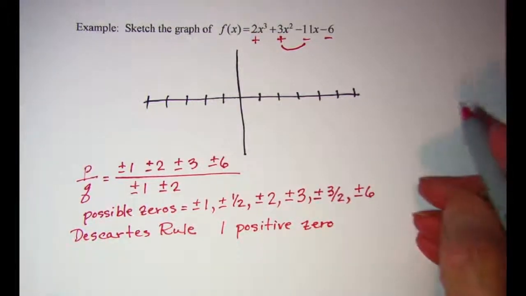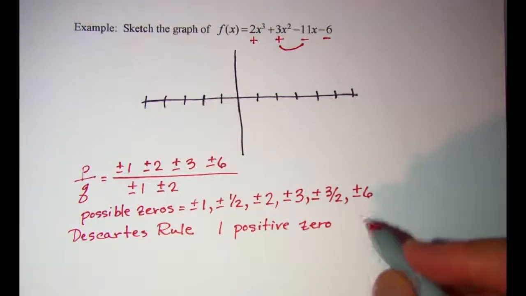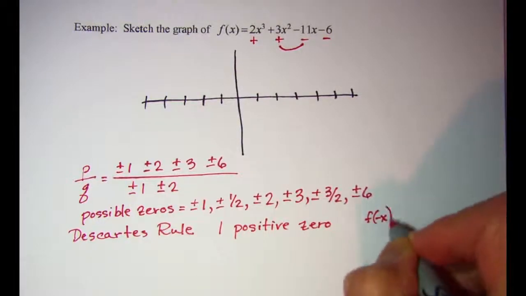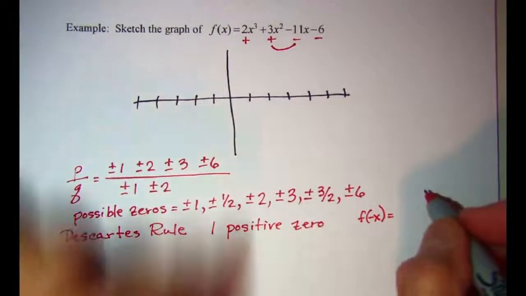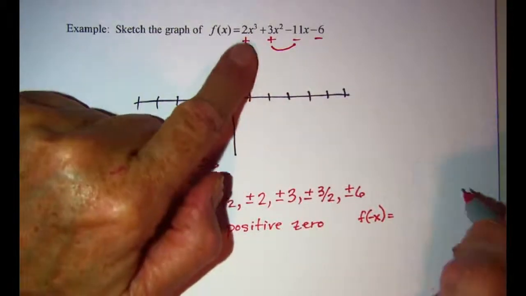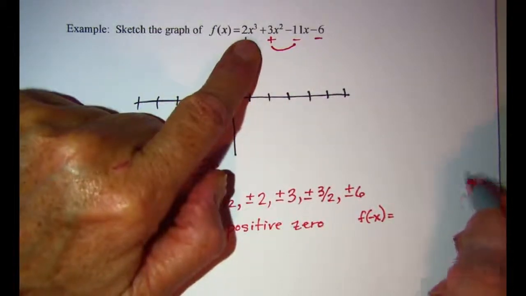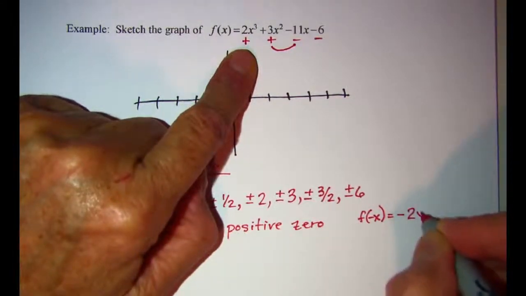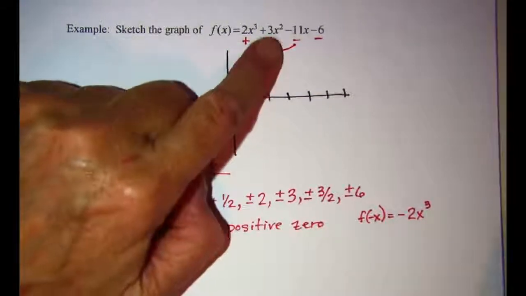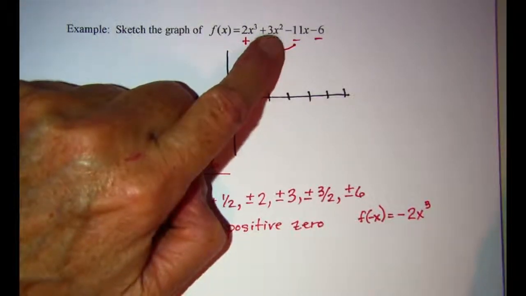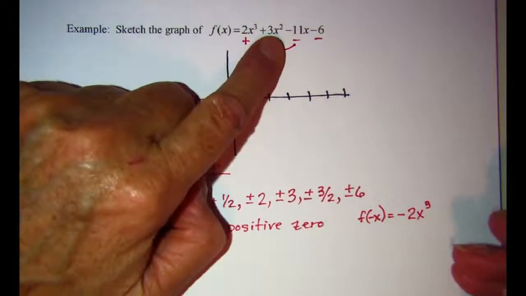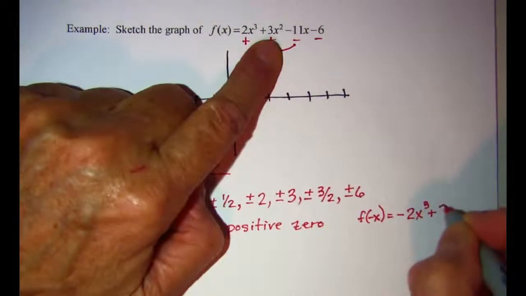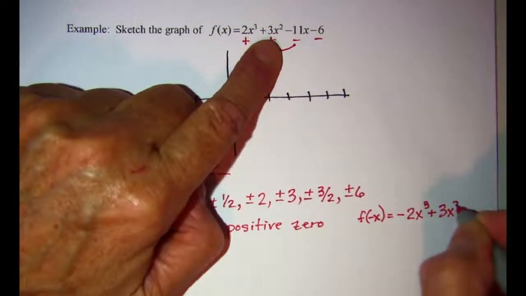Then for my negative zeros, I need to look at the sign changes in f of negative x. And we can see that if I put a negative x in here, that'll change the sign of the term to a negative 2x cubed. If I put a negative x in here, when I square a negative, that becomes a positive, so no sign change there. So plus 3x squared.